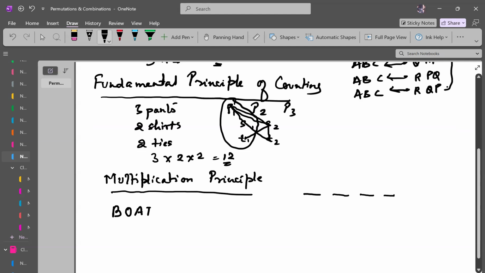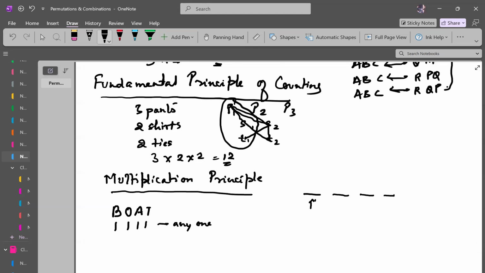Now I have one, two, three, four places. In the first place, do you agree that out of these four, any one can be written? So I have four options of writing. But the moment I have logged one here, in the next place I have any three options.